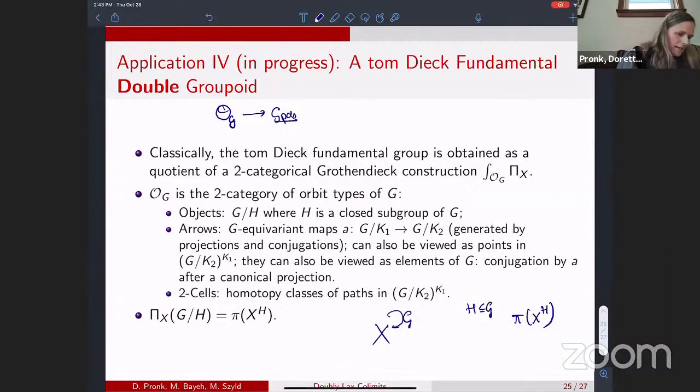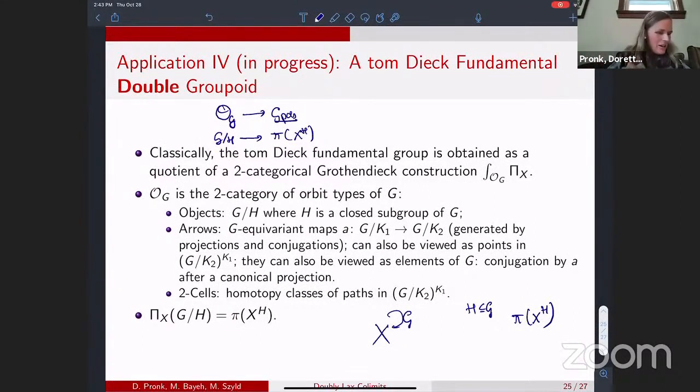I'm sending every subgroup H, which is going to be represented as its quotient G mod H in the category OG that I'm describing in a sec, to pi of X to the H. And the idea is that I want to glue those groupoids.